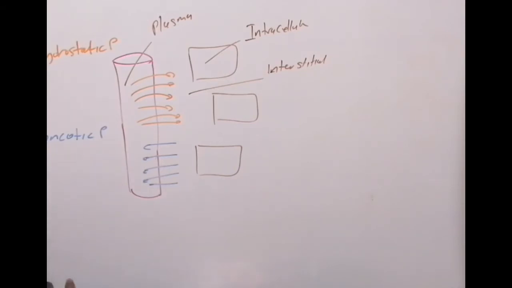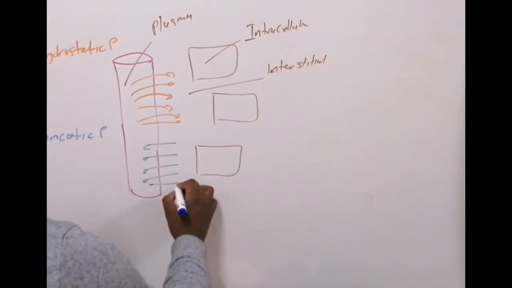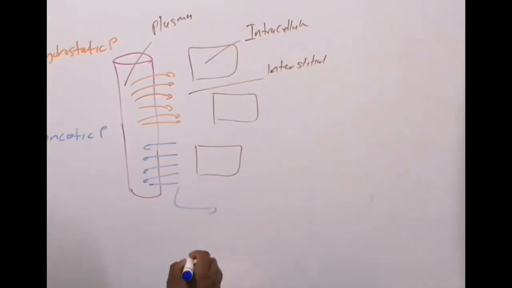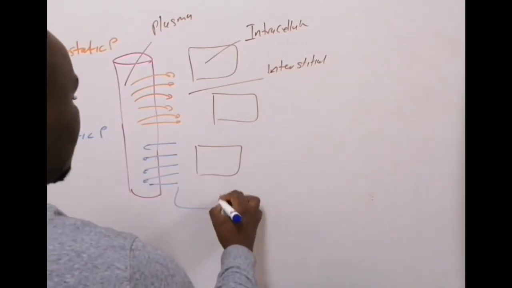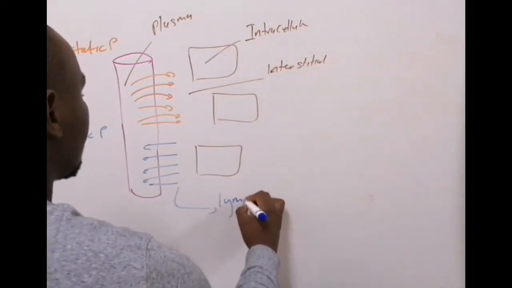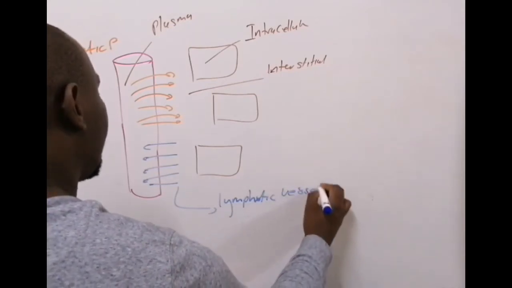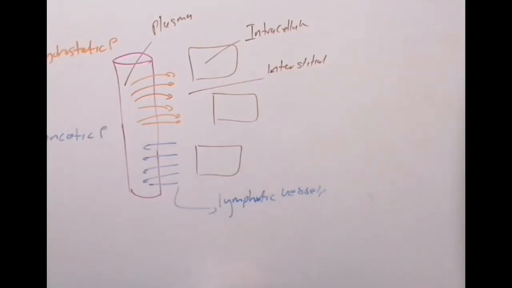The fluid that cannot be drawn by the oncotic pressure back into the intravascular space goes back to the subclavian veins via the lymphatic vessels. As long as everything is happening nicely, we won't have any edema.